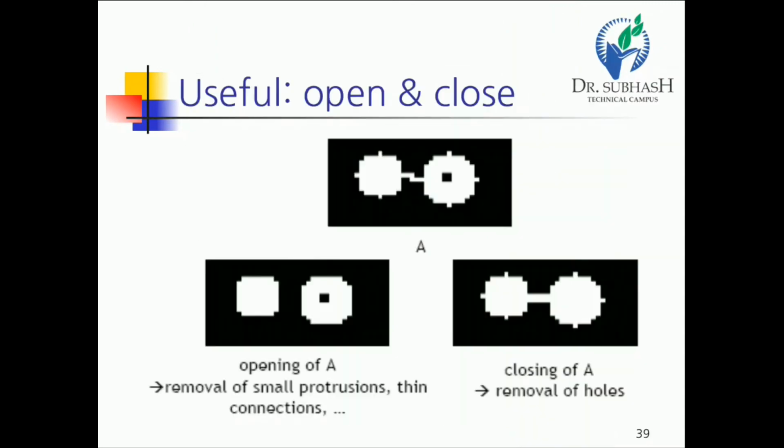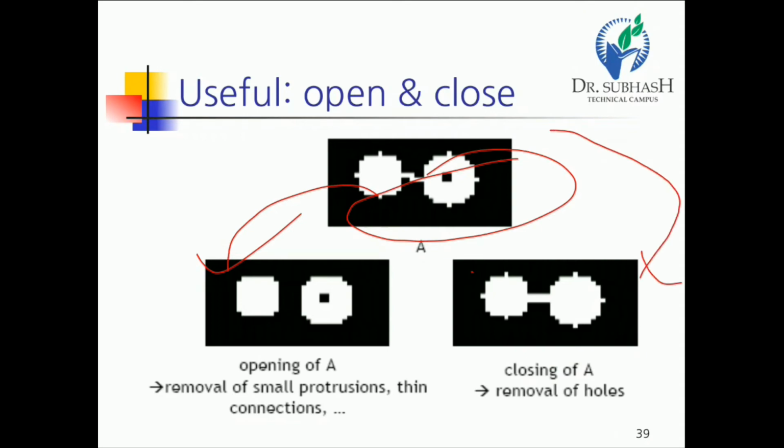So opening and closing are useful. This is the set A image. This is the resultant opening of A. Opening of A means the removal of small protrusions and thin connectors. And this is the closing image, the closing of A, the removal of holes, so here there are no holes.